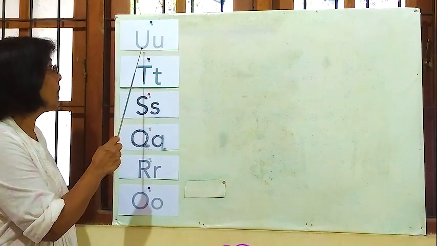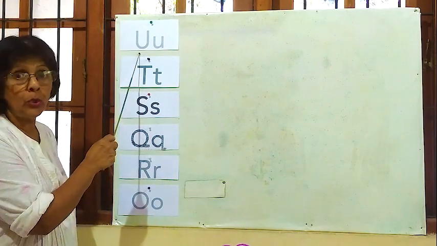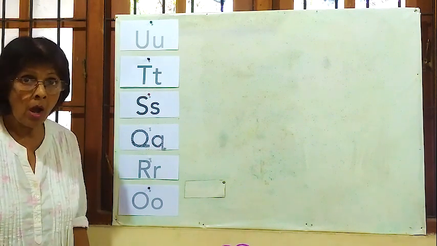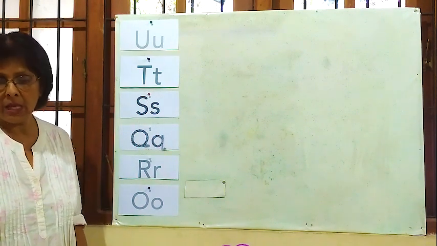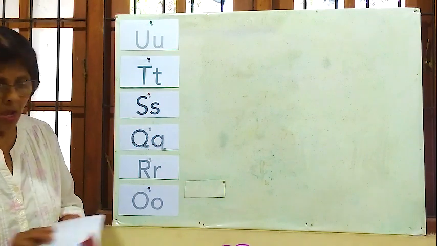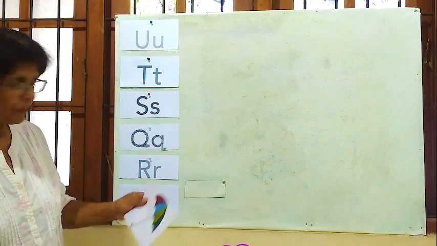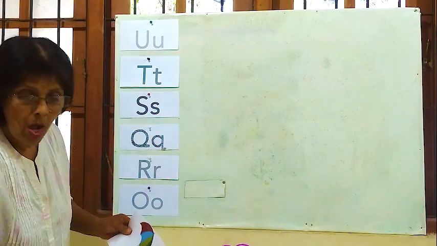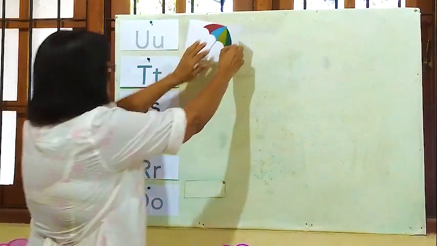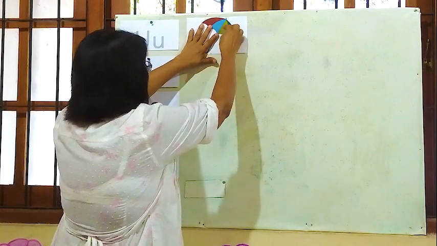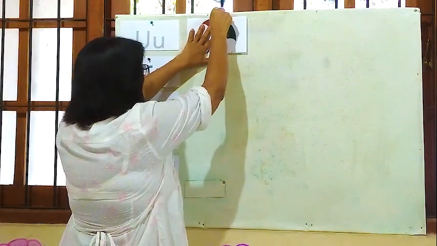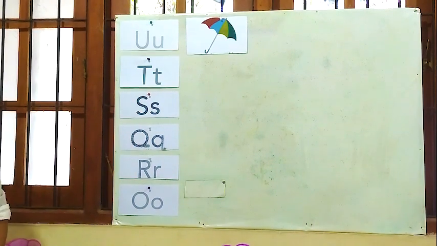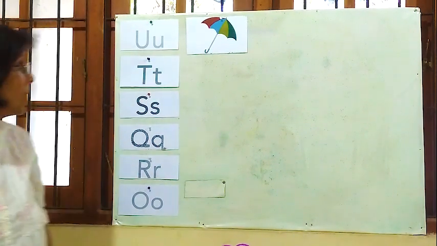Now the first one is U. U for umbrella. Yes, U for umbrella. Here, this is umbrella. Now we have to find the word umbrella.